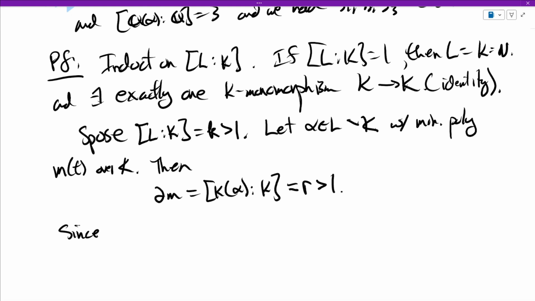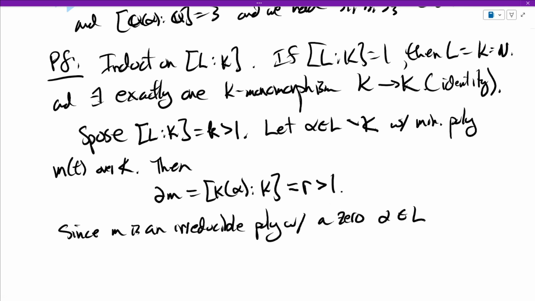Since m is an irreducible polynomial with a zero alpha in L, remember N is our normal closure, alpha is in L which is contained in N, and N over K is normal. We know that it has all the other zeros.